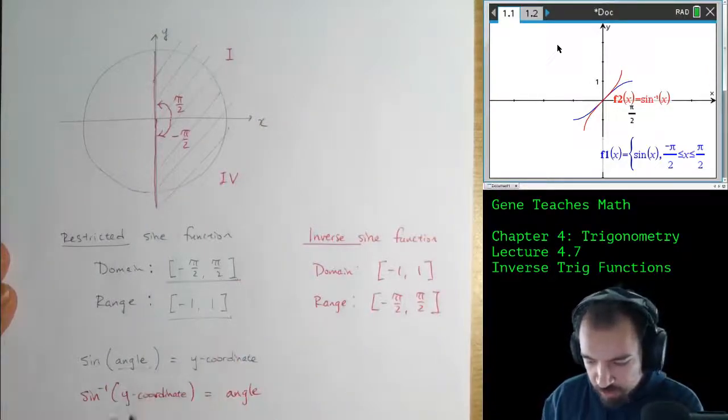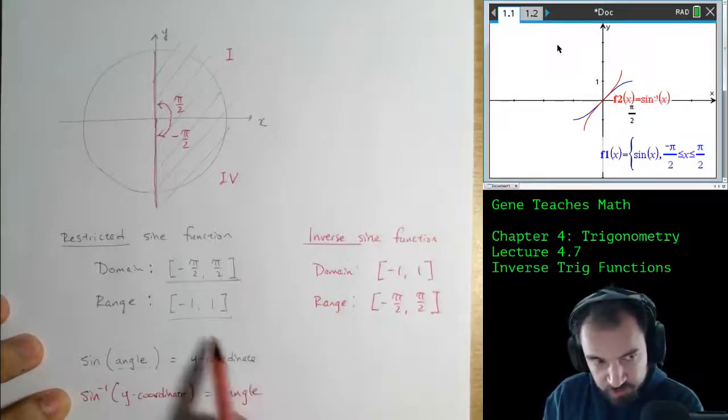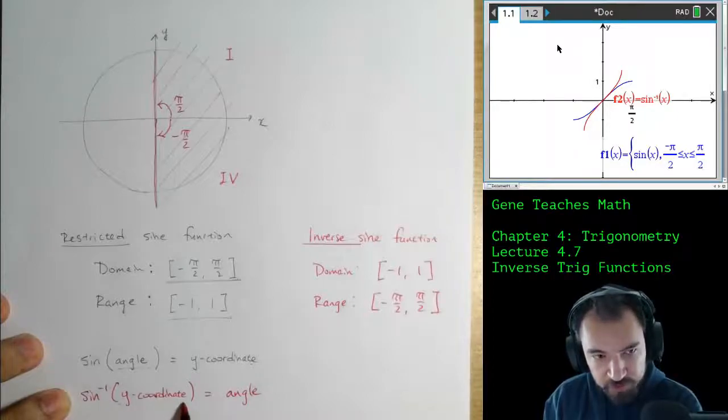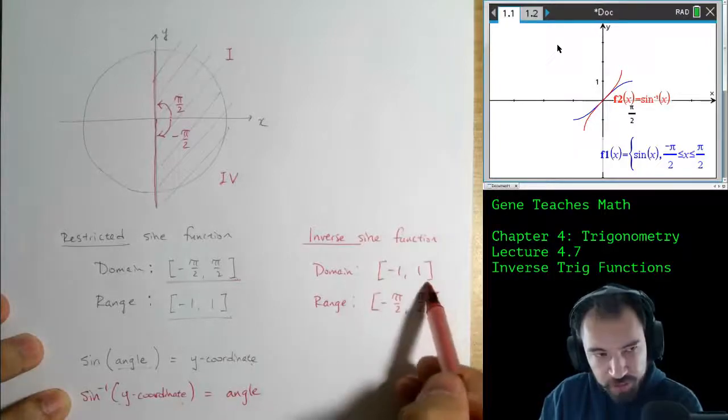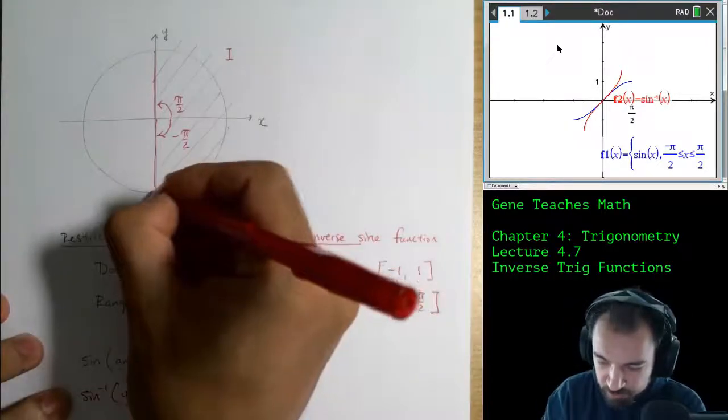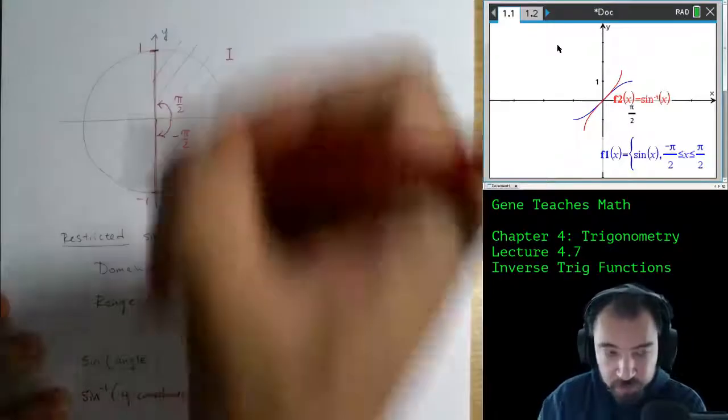And so, as a result, we can say that the range here, which is the y-coordinates, is going to become the domain of the inverse sine function. We are only allowed to put numbers in here that are between -1 and +1, because the y-coordinate in the unit circle can only be between -1 and +1.